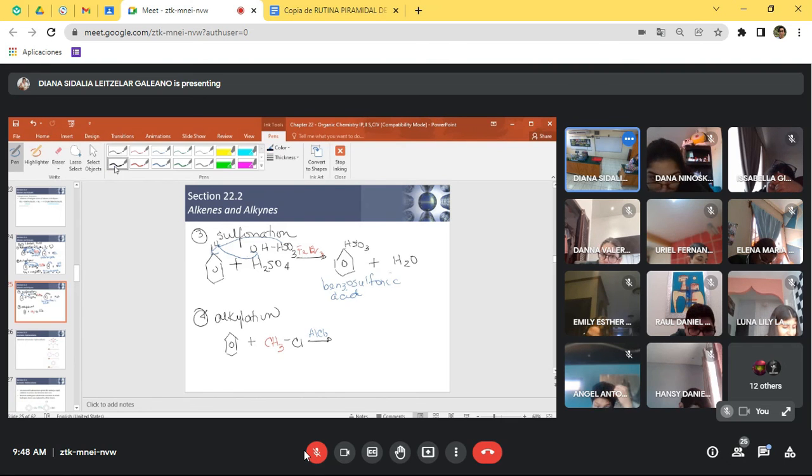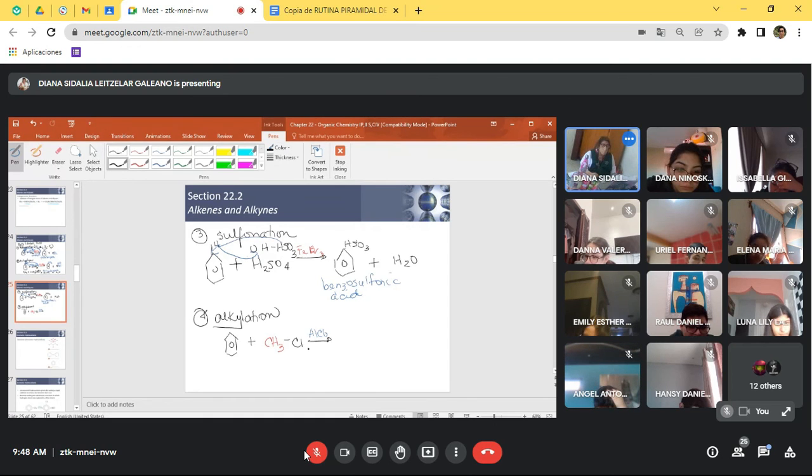Alkylation. O sea que vamos a pegar un alkyl group, 1 carbon, 2 carbons, 3 carbons, however we need or wish. As you see, it is a halogen with any carbon chain. What happens?